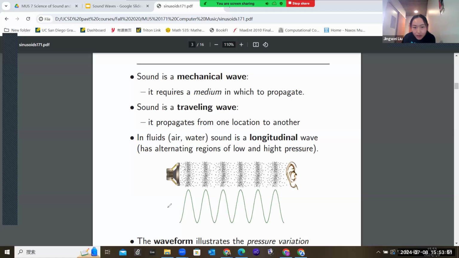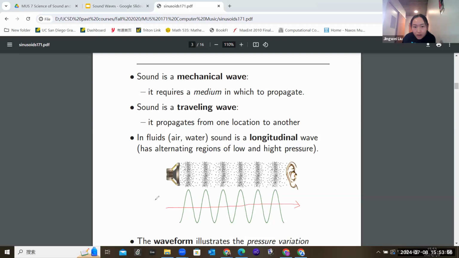Here is the direction the wave travels, and this is the direction of the particle movement. So they are perpendicular to each other. So this is a transverse wave. In reality, the sound is a longitudinal wave, but for convenience, we just draw it on the paper as a transverse wave.